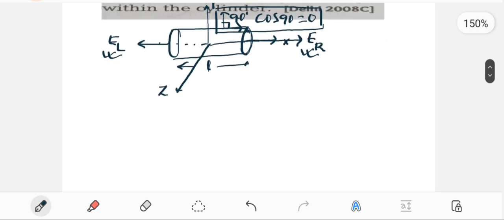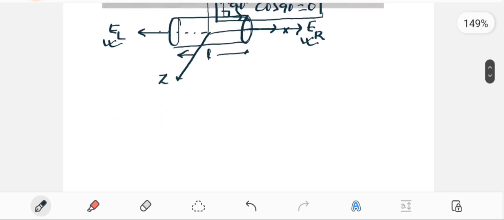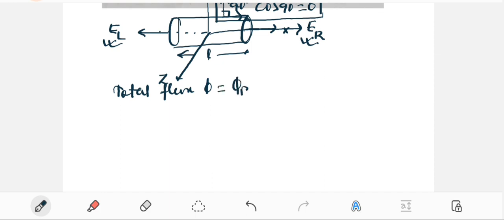Now when we talk about the electric flux, total flux, that is phi, it is equal to phi along the right hand side and the flux along the left hand side as well. The flux along the right hand side will be equal to Ex, for both sides it has been given Ex, multiplied by area.